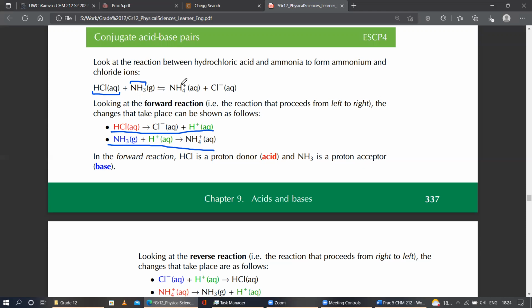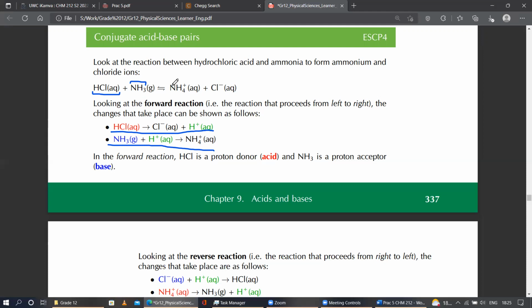Because when the reaction is in equilibrium, that means the forward reaction and the reverse reaction are occurring at the same rate. So physically you can't see what's happening, but on a molecular scale, the products are becoming the reactants, and the reactants are becoming the products simultaneously.